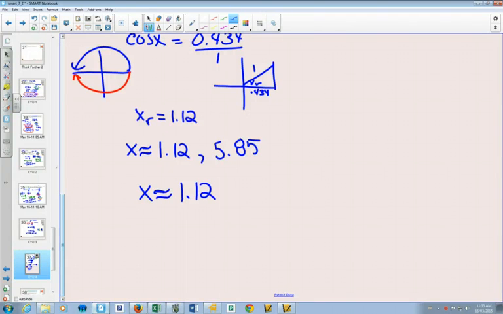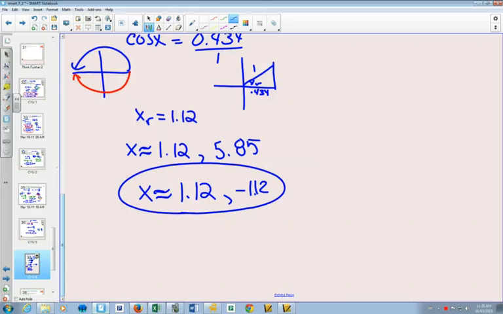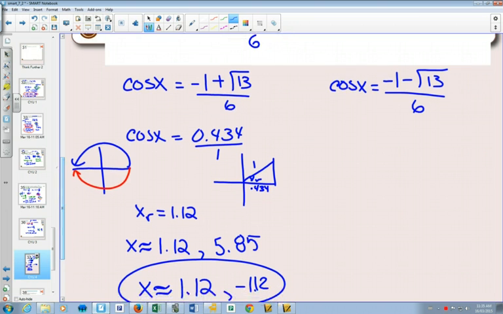And the 5.85 is the same as our negative reference angle, negative 1.12. So those will be the answers between negative pi and pi. And we've solved the first part, where from our quadratic formula we had the positive sign.